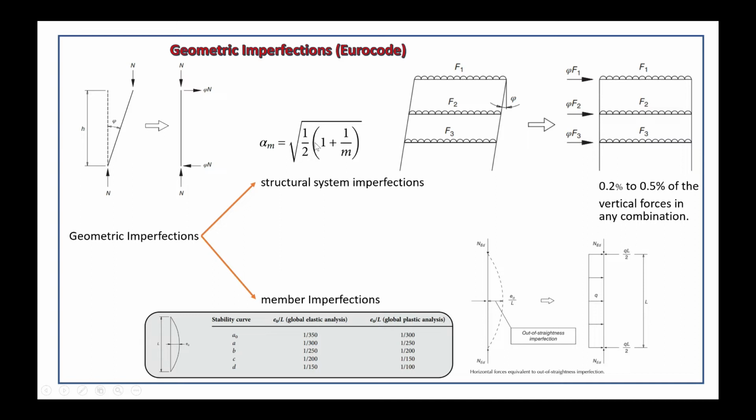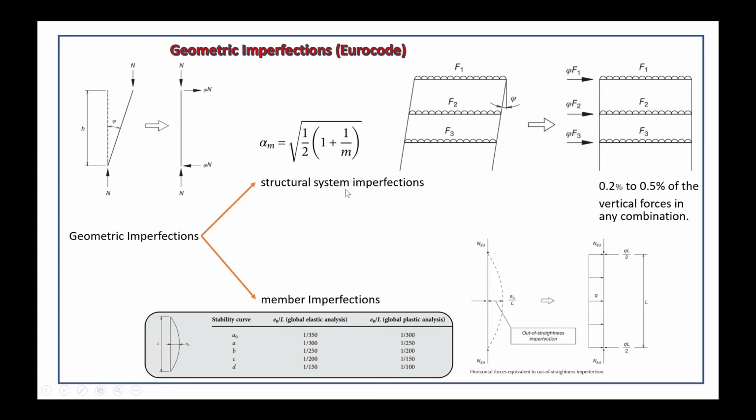For the AISC and ACI code it is different, but I want to explain the concept, which is the same. It is applied for the geometric imperfection, for the local and for the global. For the global we apply the notional load, and for the local imperfection we apply the value suggested from the code.